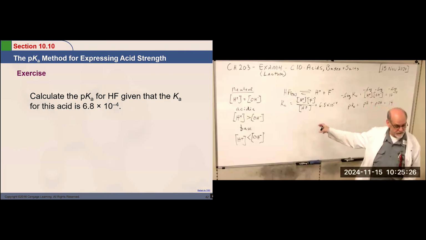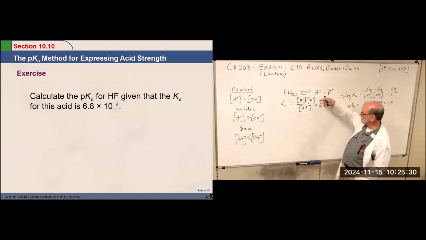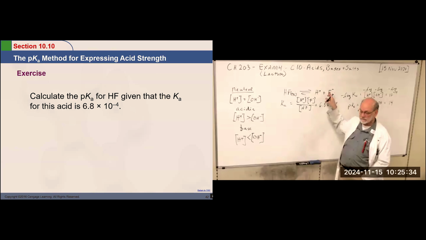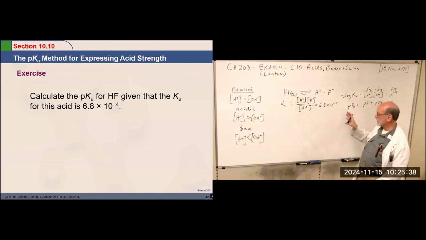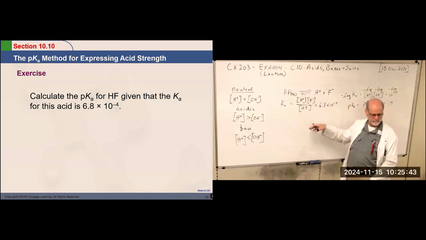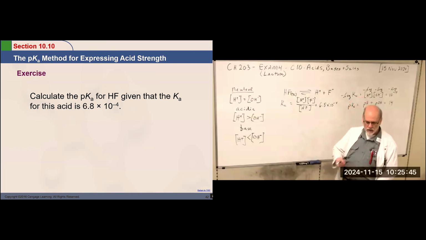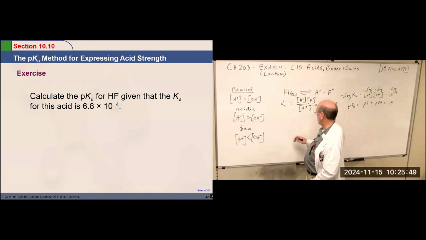Okay. This is a weak acid, right? Because that's a very small value, which means this has to be very small. That means there's not much of it over here. Most of it's over there. So that tells you it's a weak acid. It's much, much less than 1. So we want to calculate the pKa, right?